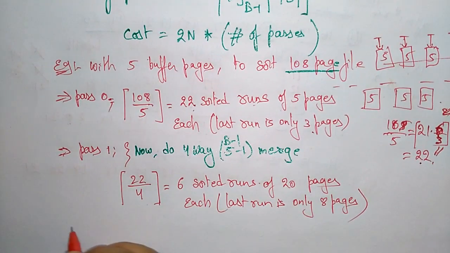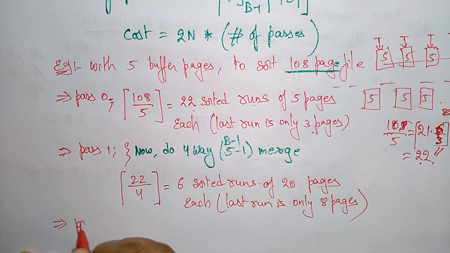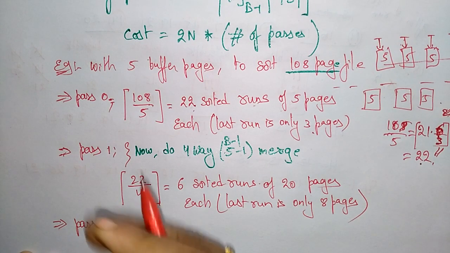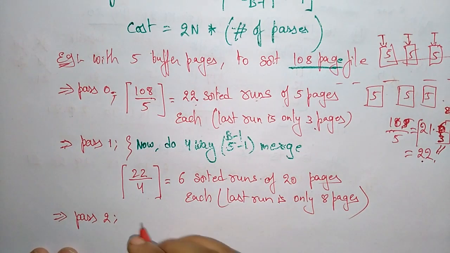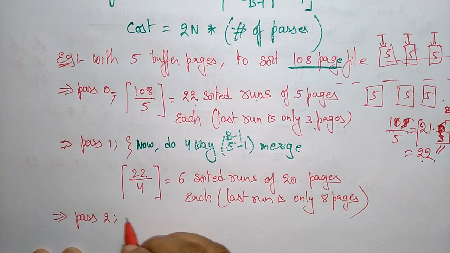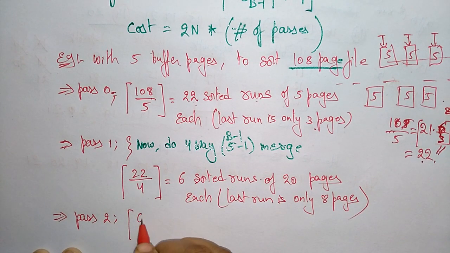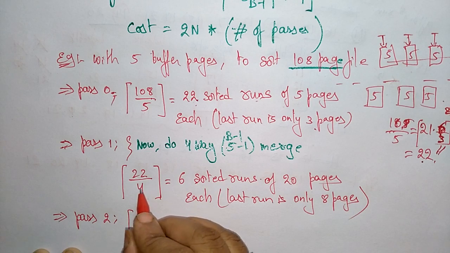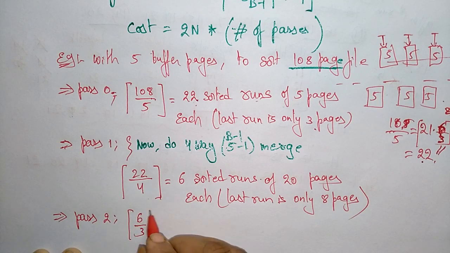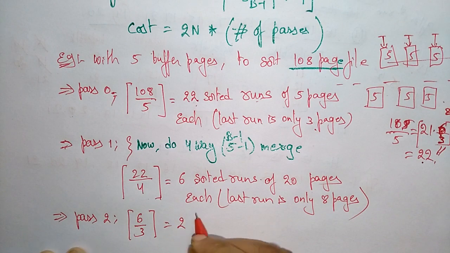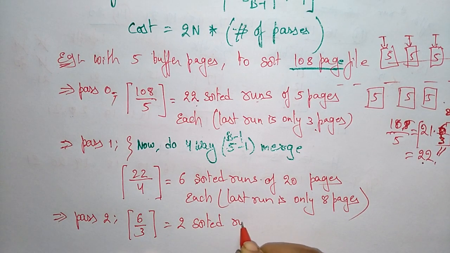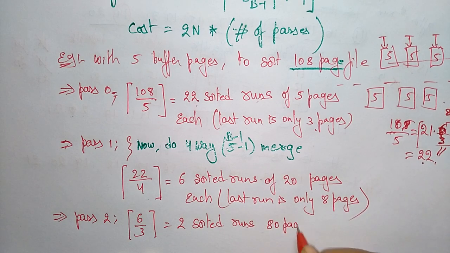Now coming to pass 2, the next level of sorting. Here we already have 6 sorted runs. So 6 by 4 gives a ceil of 2. So 2 sorted runs, of 80 pages and 28 pages.